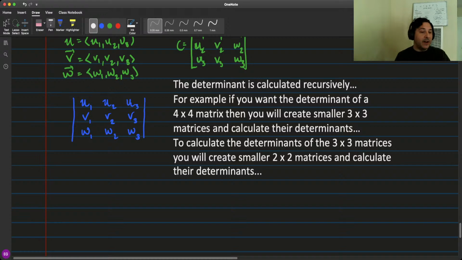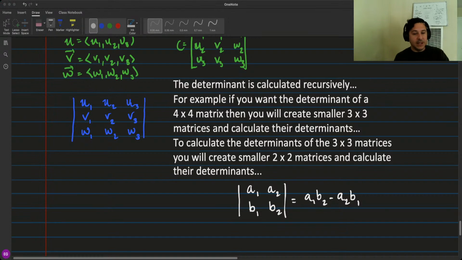So the basis of all of this is how you calculate a 2x2 matrix determinant. If you have a 2x2 matrix with entries A1, A2, B1, B2, we talked about this before, you multiply along the diagonals, so you're going to get A1 B2 minus A2 B1.